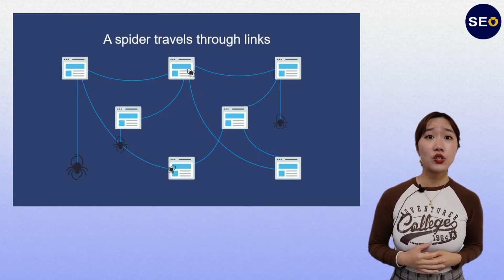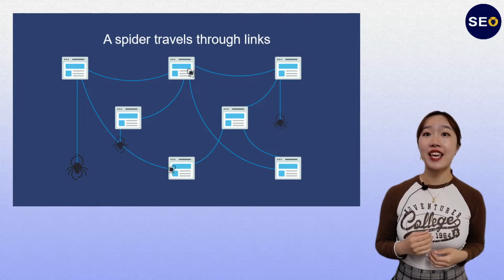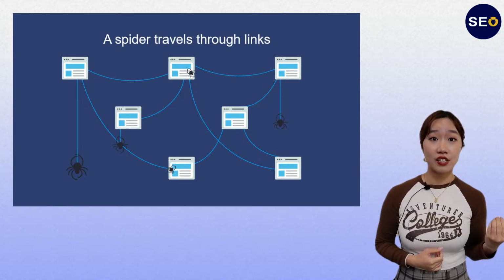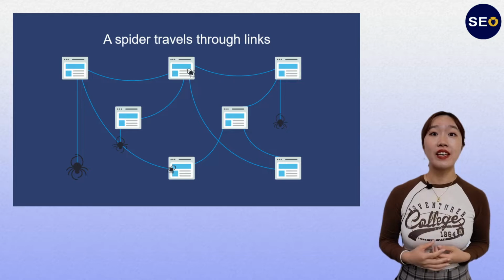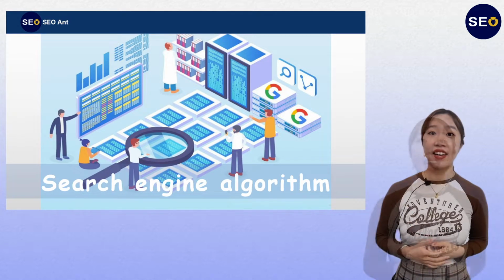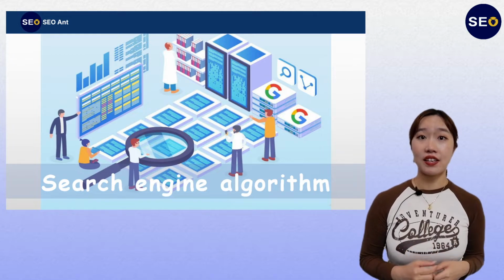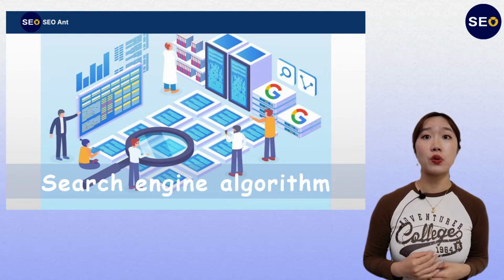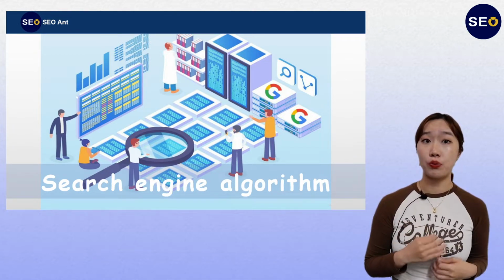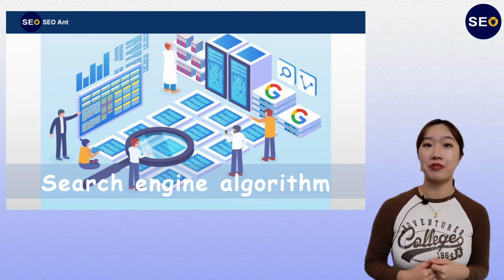After indexing your website, search engines can show it in the search results. Using an algorithm for ranking, it takes the data from the index and calculates which sites the user would most likely want to view based on their keyword.